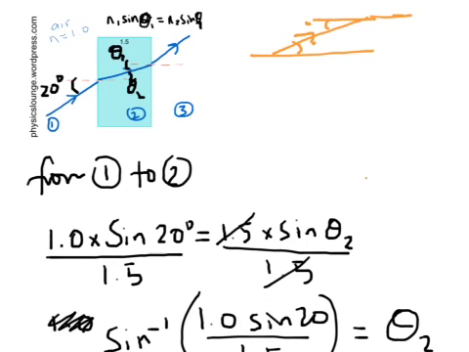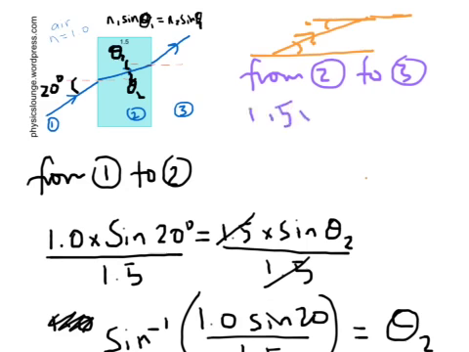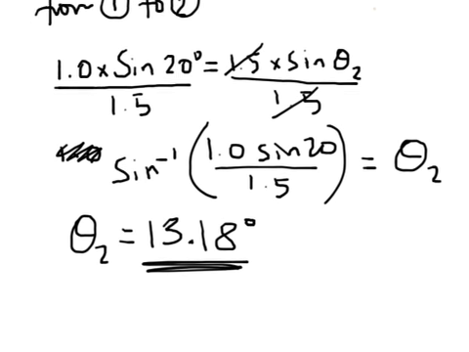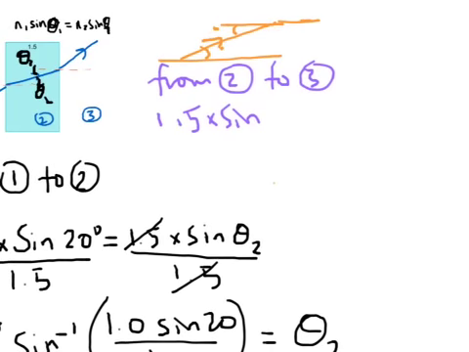So now, for our next calculation, pick a different colour so it's a bit easier to see what's going on. n1 is 1.5 because we're going from inside the block to outside. So let's just write that from 2 to 3. n1 is 1.5 times sine of theta 1, which in this case is the 13.18 degrees.